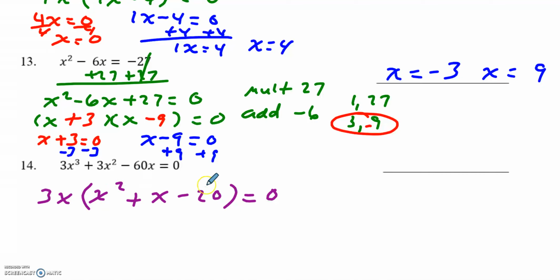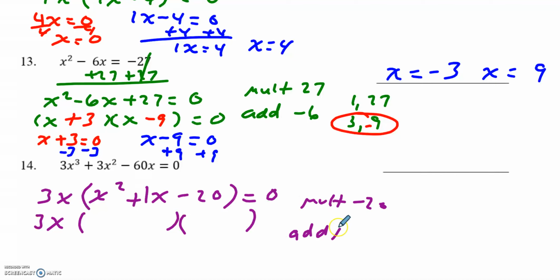When I look to see what's left, I, like the previous example, have a trinomial, highest power 2, number in front is 1. So I can keep factoring this piece and ask myself what multiplies to be a negative 20 and adds to be technically a positive 1.